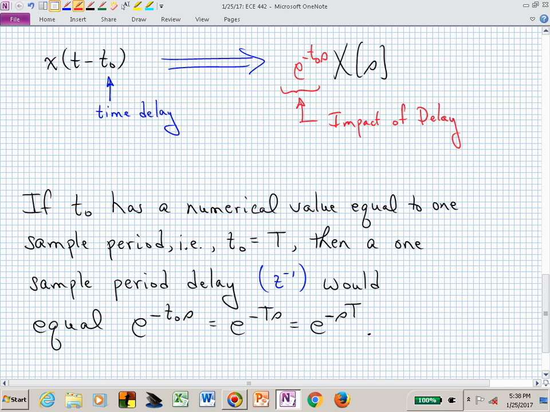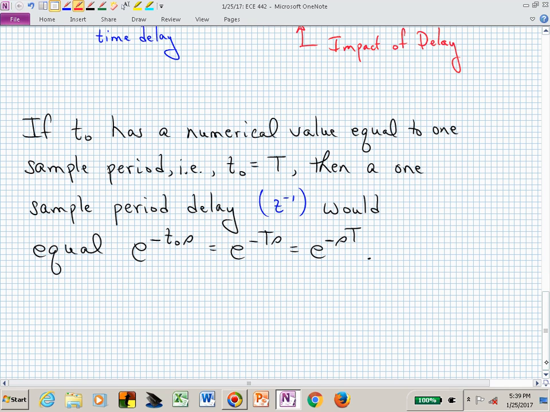Now this sample period delay would equal e to the minus t naught s, which is e to the minus capital T s, or e to the minus s T. Or what have we now just said? Now we have an expression.